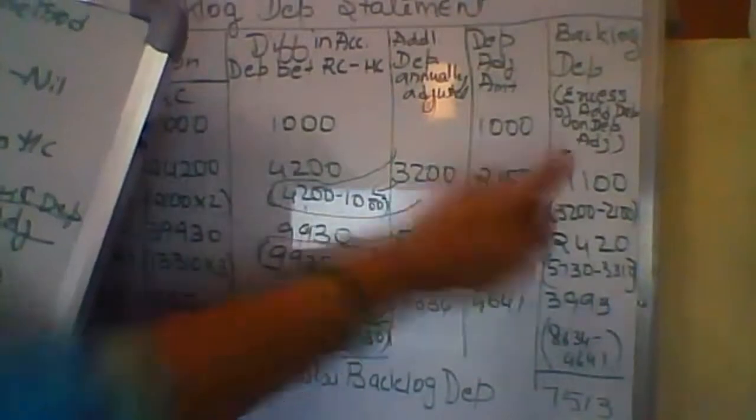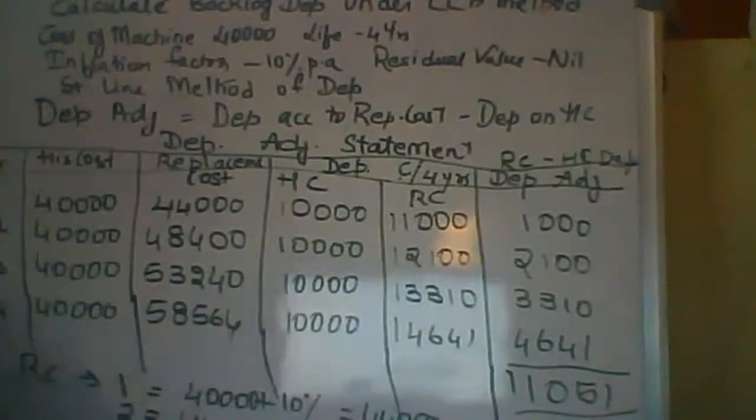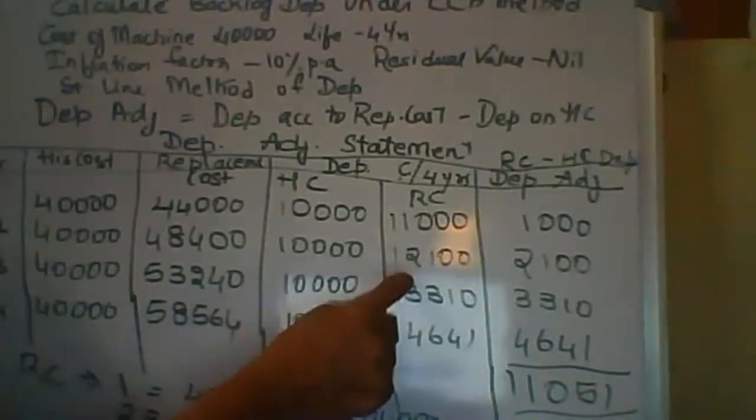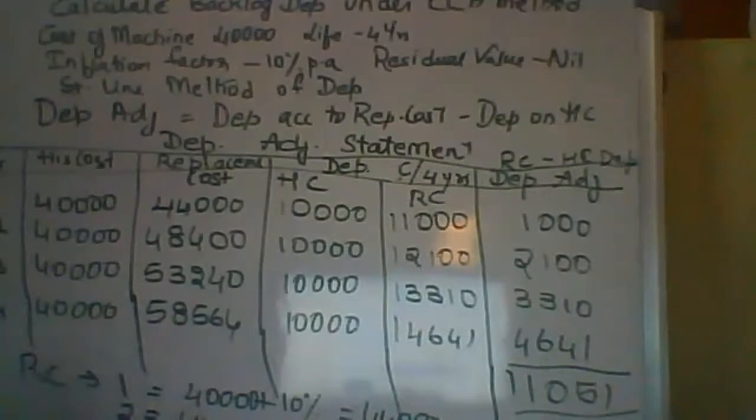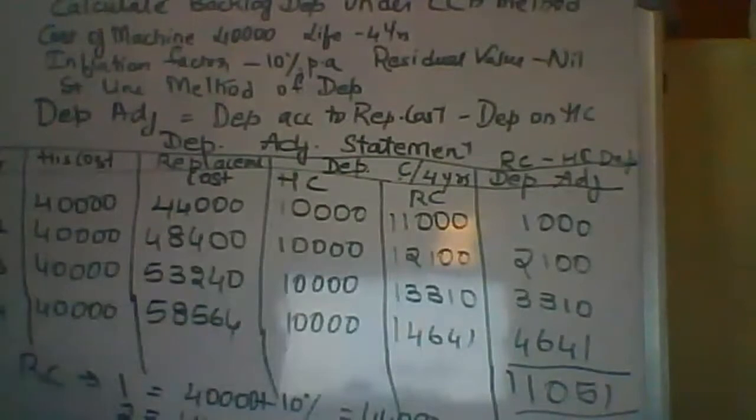Practically that 1,100 is my backlog depreciation. It means I did it for only 1 year. But imagine if this was the straight line amount for 2 years, I would have had 12,100 plus 12,100, which is 24,200.